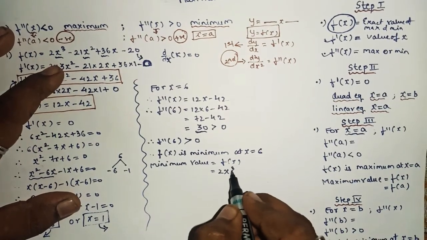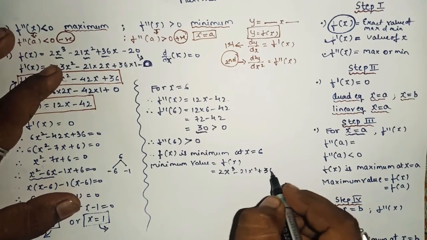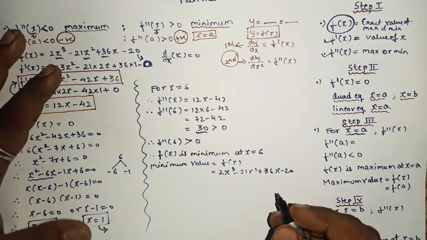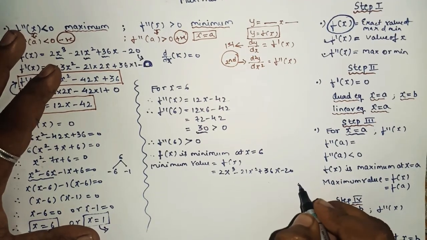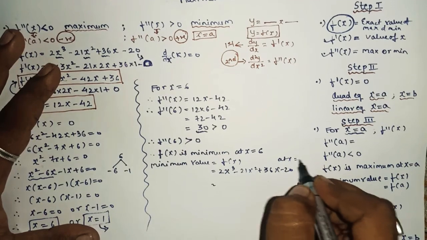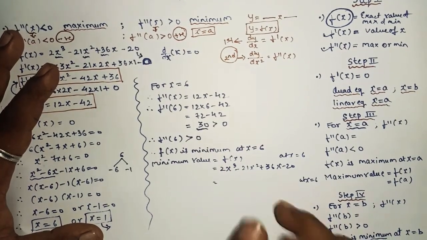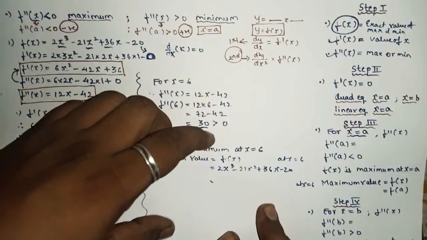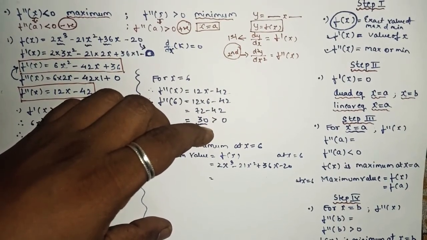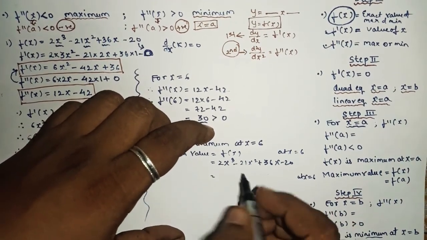It was 2x cube minus 21x square plus 36x minus 20. Now we'll check at x equal to 6, the exact value of the minimum.